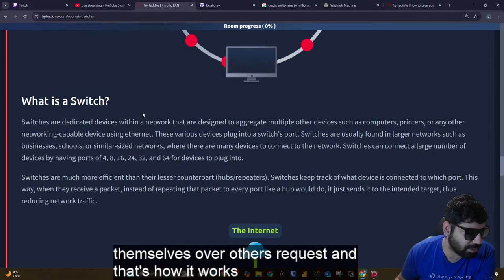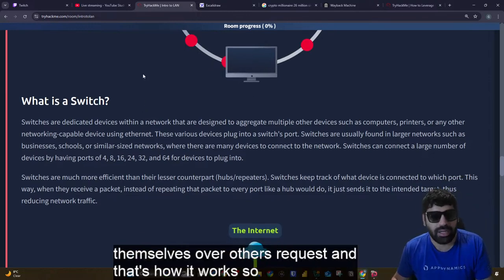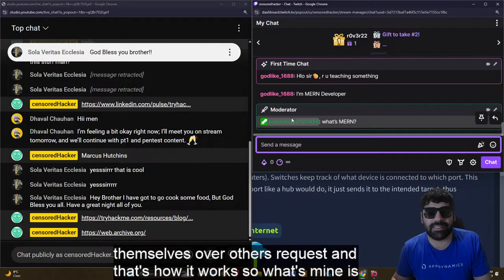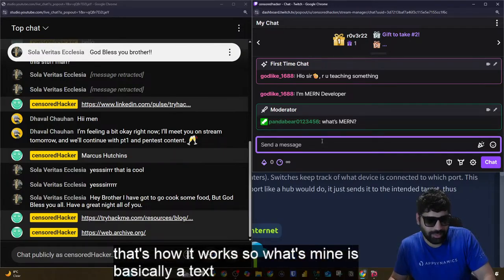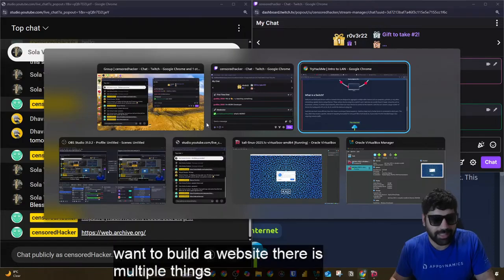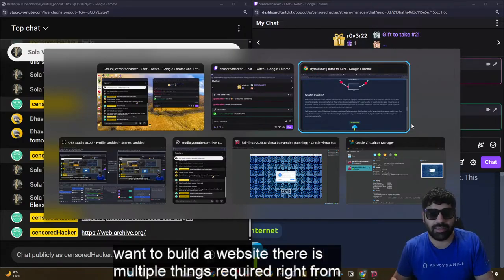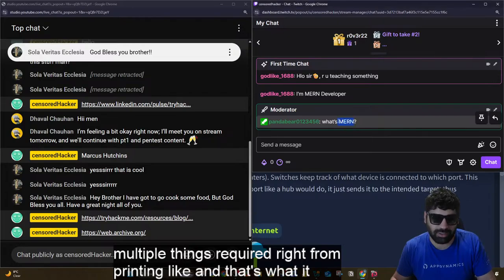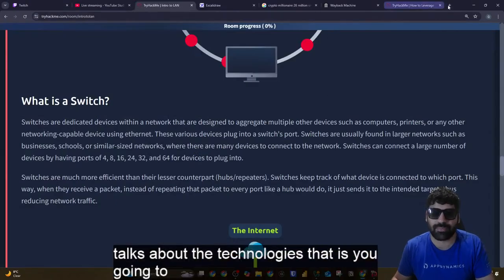So what's MERN? Panda, MERN is basically a tech stack. Like, if you want to build a website, there are multiple things required, front end and back end, right? It talks about the technologies you are going to use.